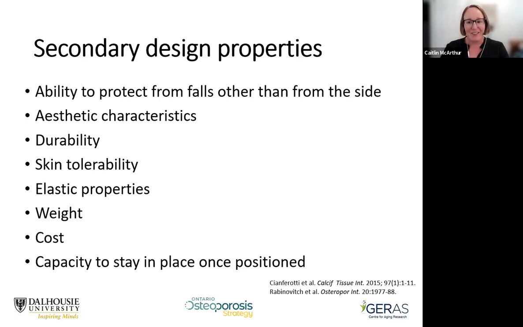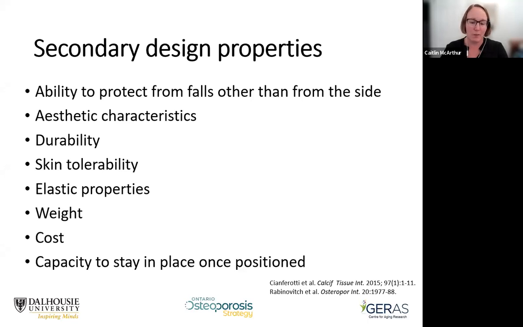Elastic properties go along with that, making sure that they're comfortable and not too tight, but that they're going to stay in place and stay on, because that's also really important. How heavy they are, because of course that's going to affect how they feel on somebody's body. The cost, and then the capacity to stay in place once positioned.